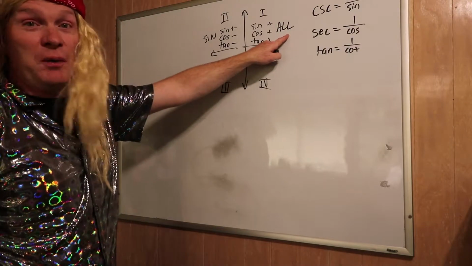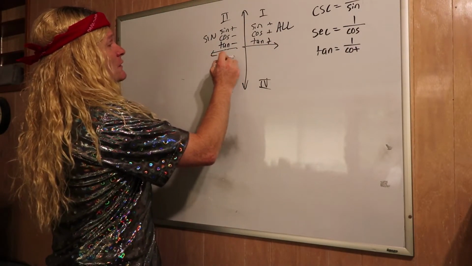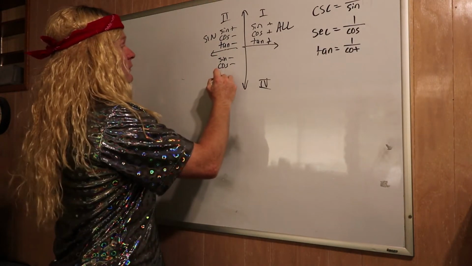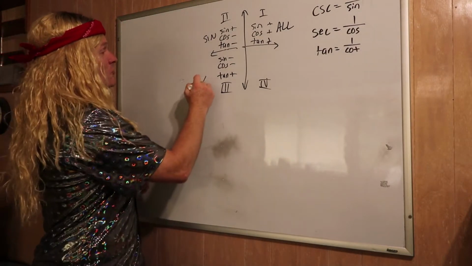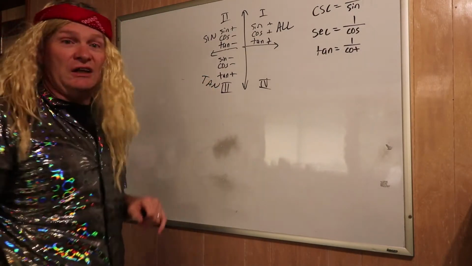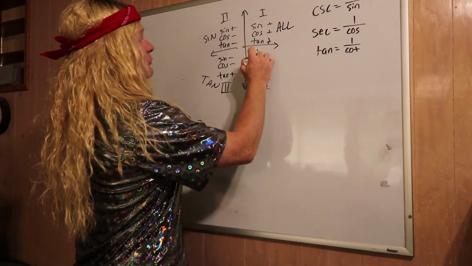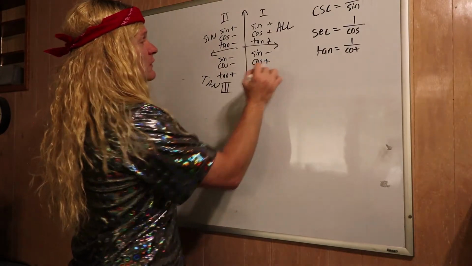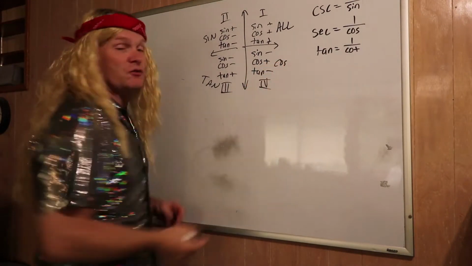So everything's positive here, sine there. If we get down to number 3, sine is negative, cosine is negative, and tangent and cotangent are positive. So in the third quadrant, tangent is positive. And then finally over here, in quadrant 4, sine is negative, cosine is positive, and tangent is negative. So in this one, cosine is positive.